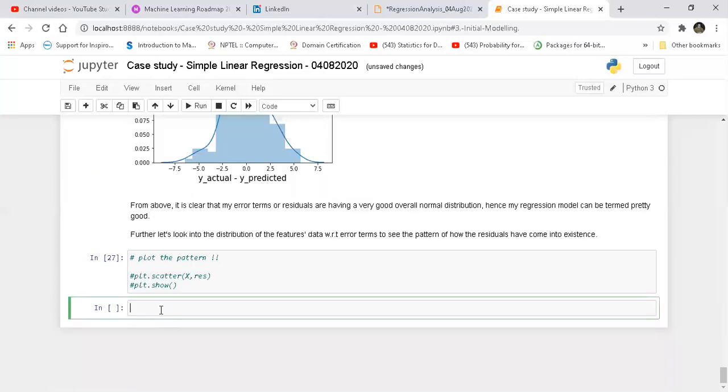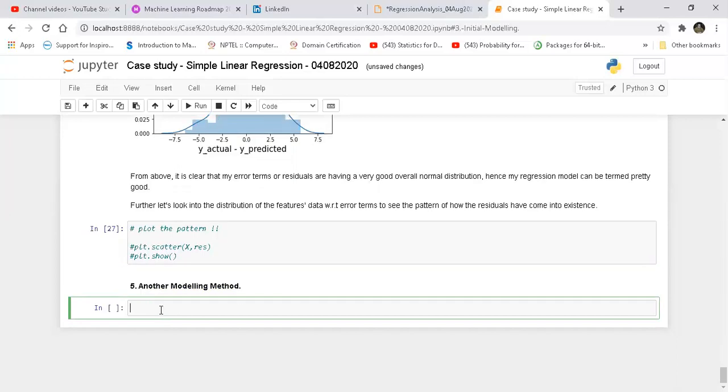I'm going to call this 5, another modeling method. Why I am saying another modeling method is because now I'm going to explain a very important concept, and that concept is something that we will almost always use while doing production use cases, something which we have not done over here. Okay, give me 1 minute.